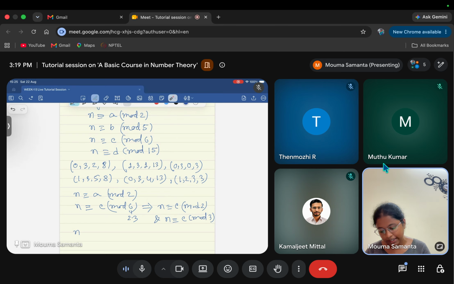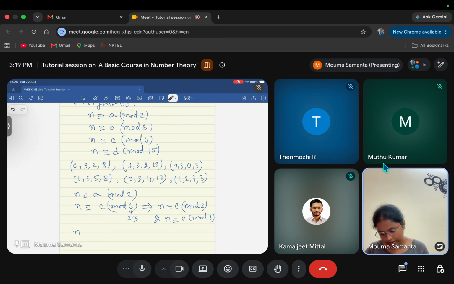So n is congruent to a and n is congruent to c mod 2. So their difference will be congruent to 0 mod 2.